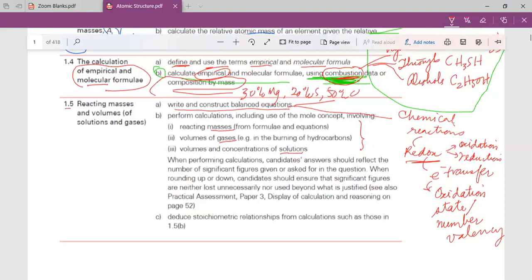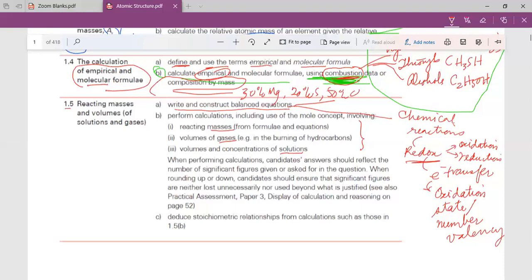Now sometimes for the same substance, carbon is a bit different. The carbon here can have different oxidation states. The whole thing here is equal to 0. Hydrogen is plus 1 because carbon is more electronegative, and oxygen is minus 2, the most electronegative.